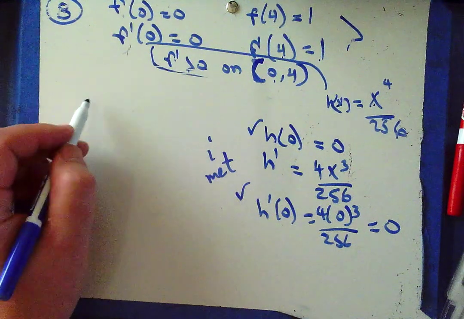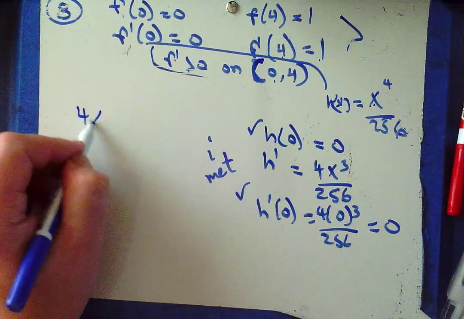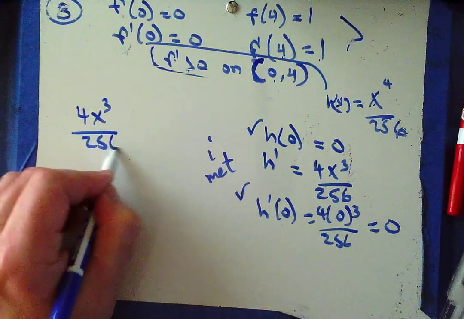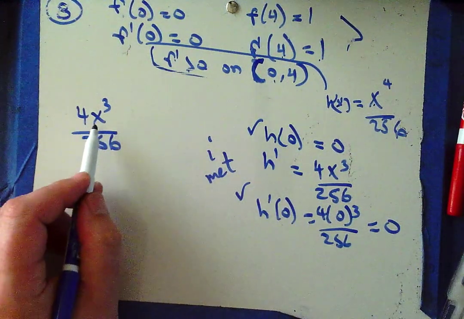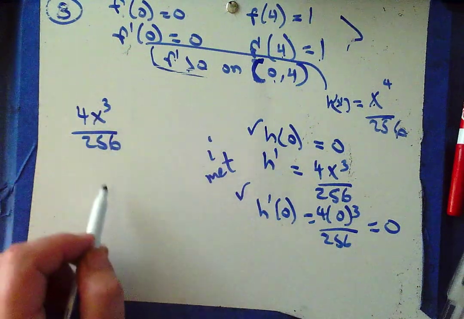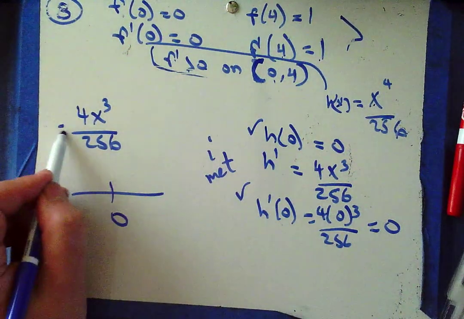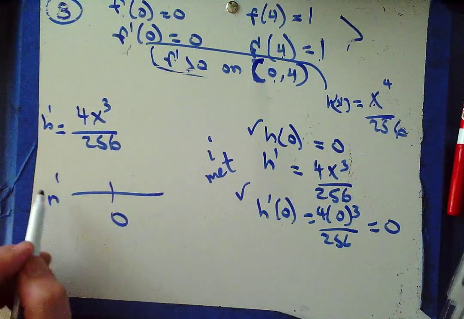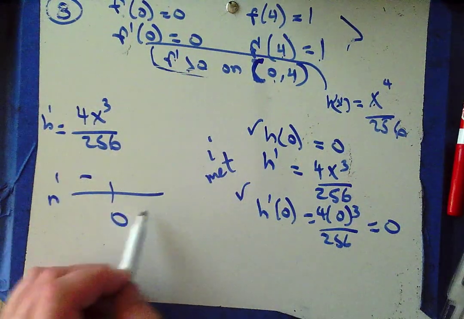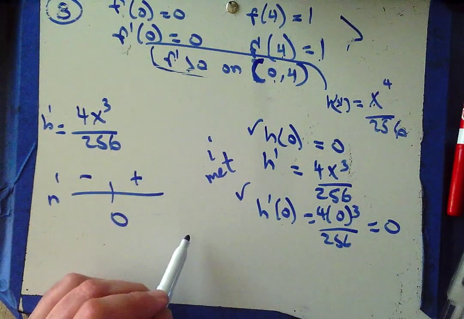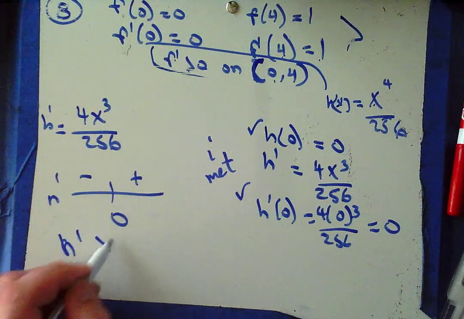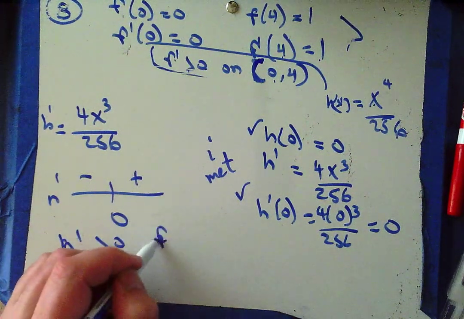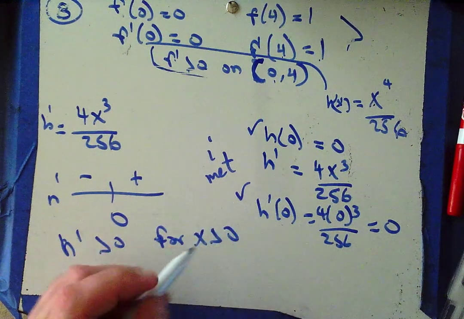So I've got 4x to the third over 256, and this has a critical value at 0. If we plug in a negative, we get negative. If we plug in positive, we get positive. And sure enough, h prime is greater than 0 for x greater than 0.